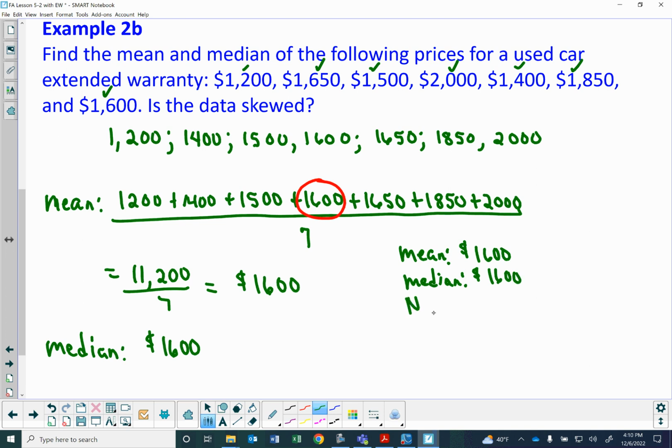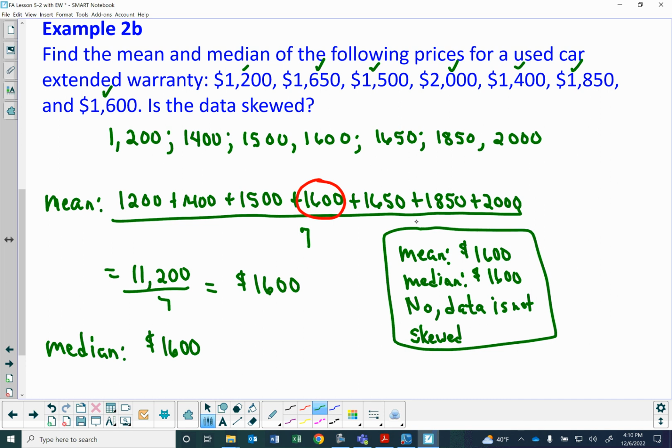So no, the data is not skewed. The data is definitely not skewed. So we found the mean, we found the median. Since the mean and the median were both equal, the data set is not skewed.